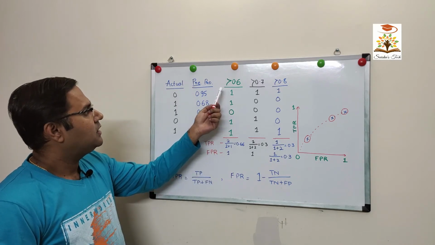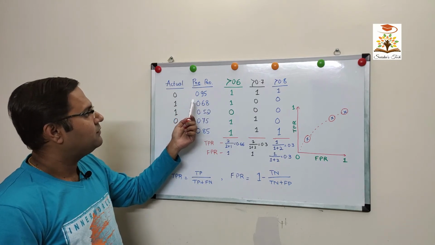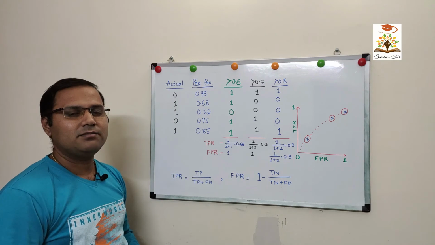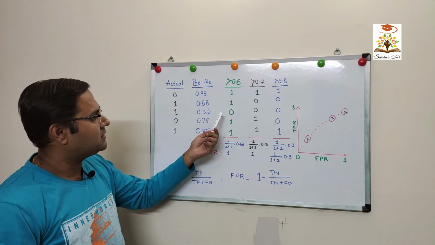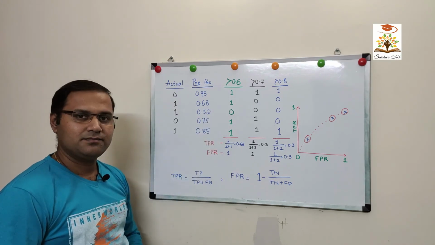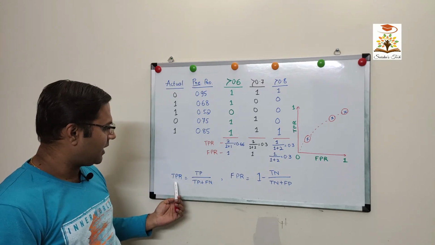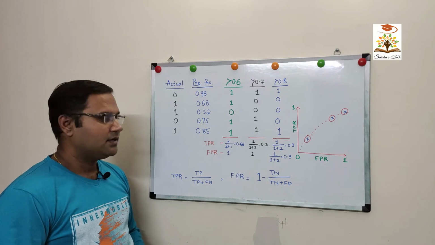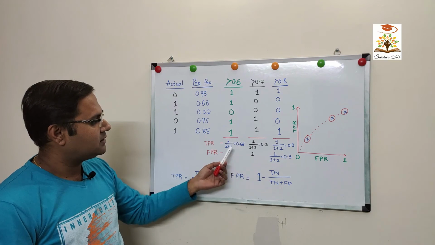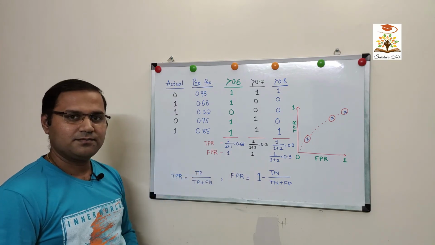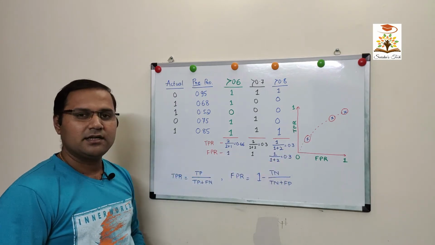The values above 0.6 for the predicted probabilities will be 1 and the rest of them will be 0. As you can see, for 0.52 we have considered 0 and the rest of them as 1. Thereafter, using the formula of TPR and FPR, we have calculated the TPR value as 0.66 and FPR as 1. We plot these values on the graphical representation.